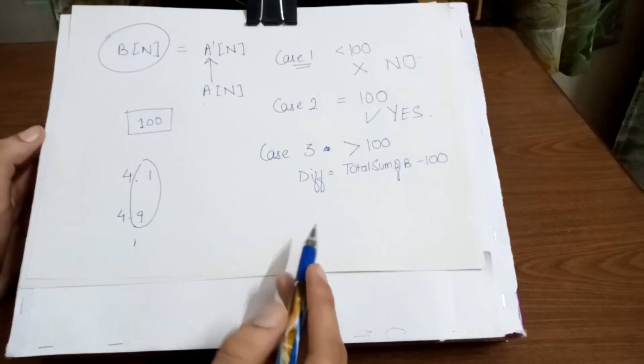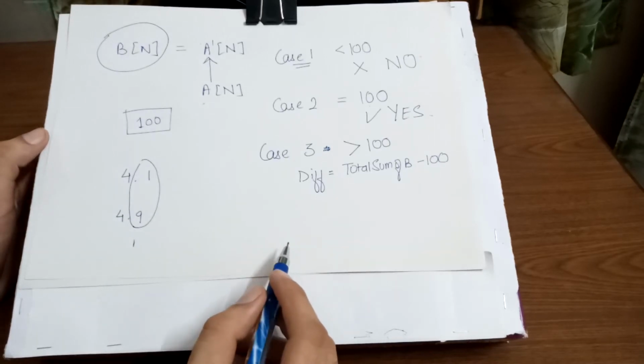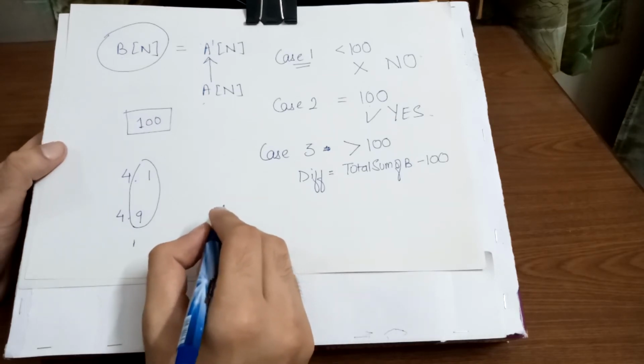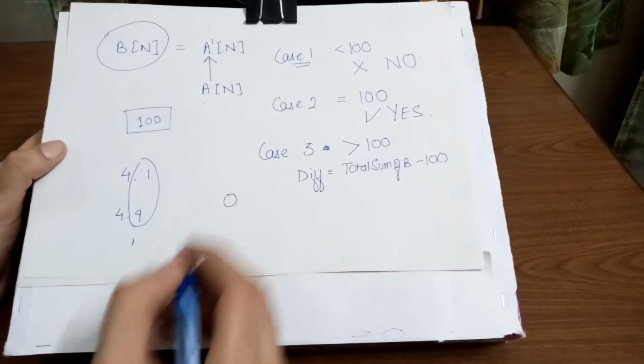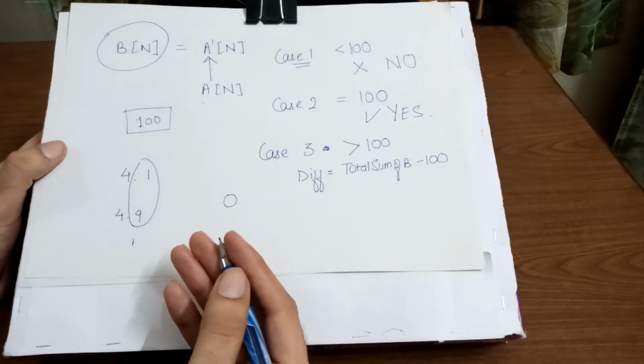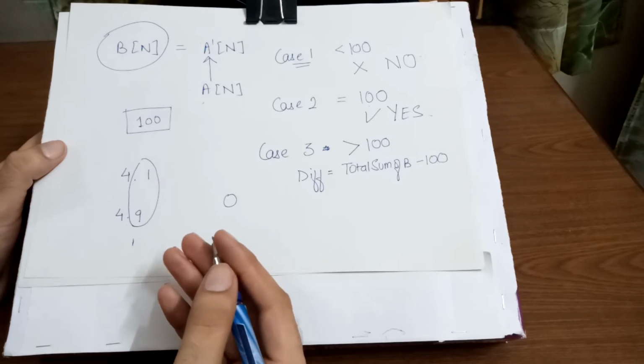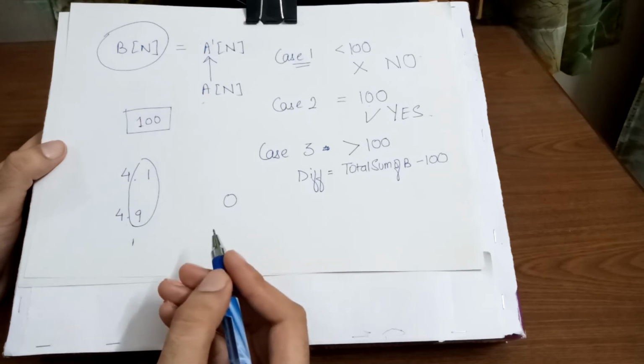But as we have seen in the constraints that B can also consist of 0 as one of its elements, that's why we also need to keep a count of the non-zero elements.